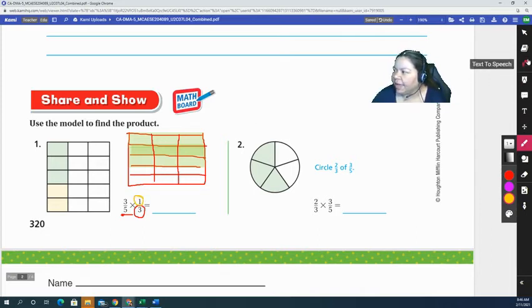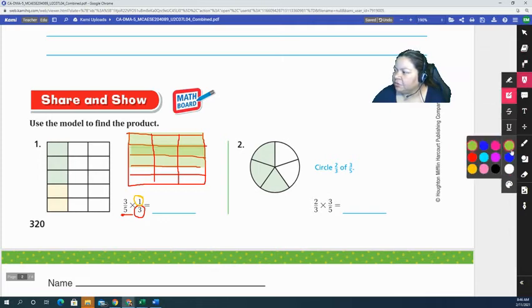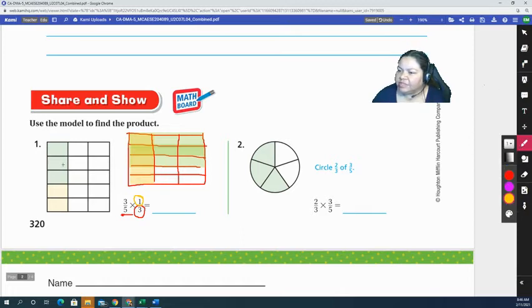So I'm going to go ahead and get my markup tool, get some yellow, and shade 1 column. Now you see how they didn't show you how this is shaded. They only shaded this section because you really don't need these.